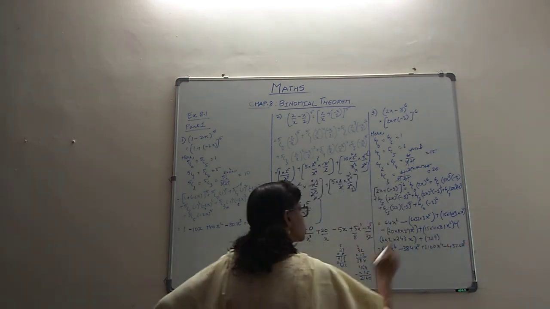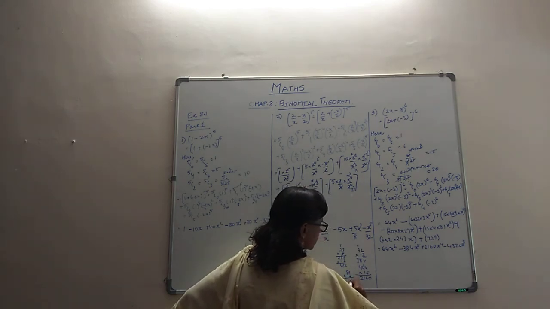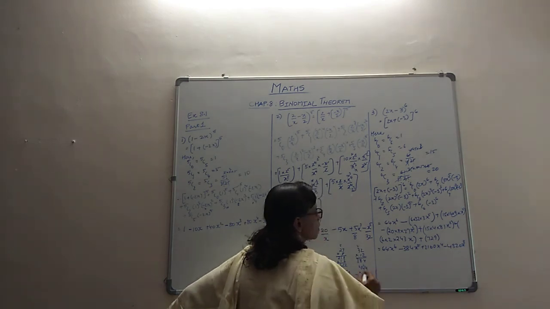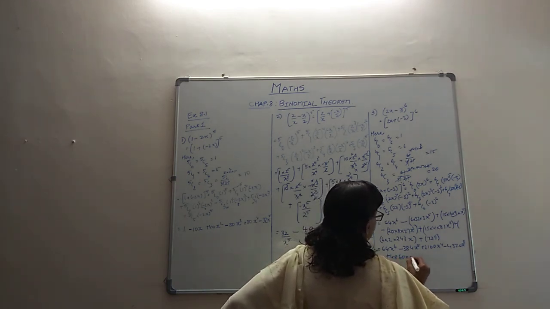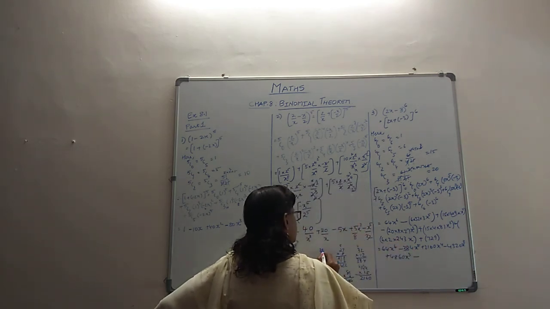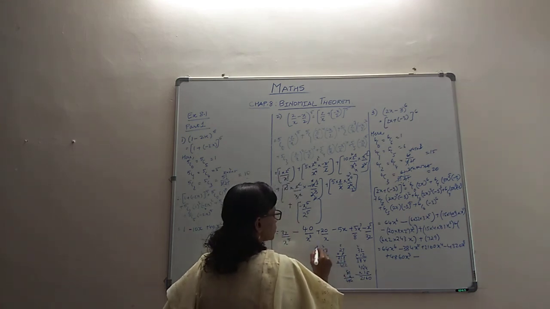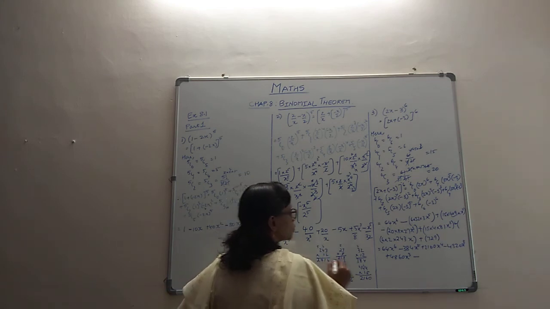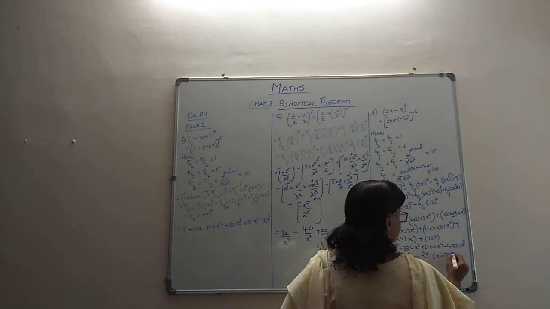Now this is 60 into 81. So 81 into 6, 486. So 4860 x squared. Then negative term, 12 into 243, 2916 x, and 729.